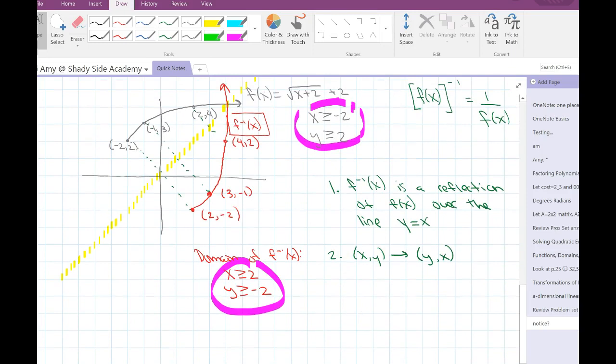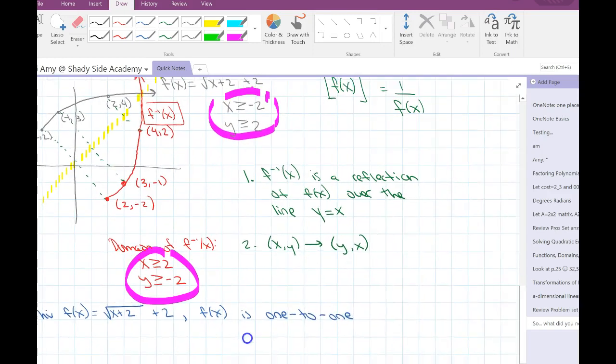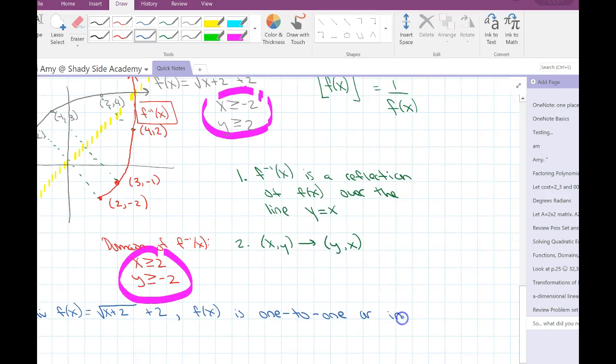Here in this example, I want to ask you a question. For this f of x, and this f of x was the square root of x plus 2 plus 2, okay? I'm going to say that f of x is something called 1 to 1, or invertible.